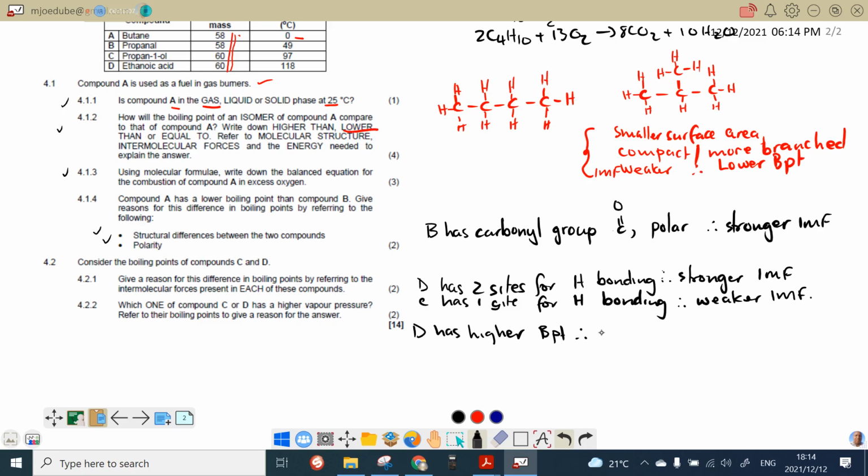Therefore, it has a lower vapor pressure than C. And the reason for that is because it's got stronger intermolecular forces, and therefore it's not going to boil as quickly as compound C, which has a lower boiling point.